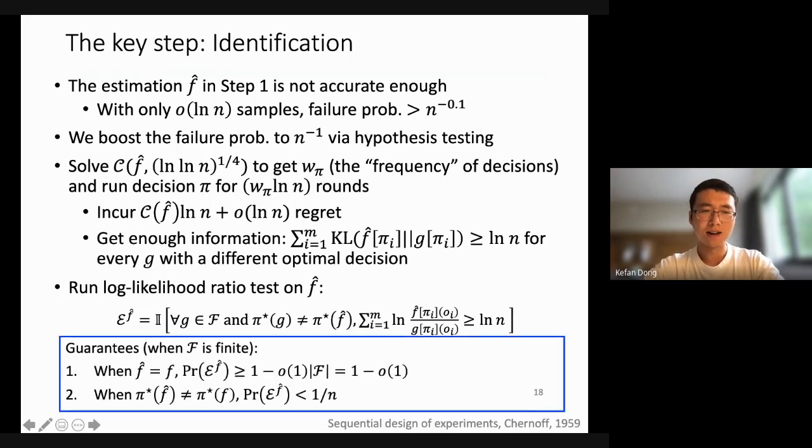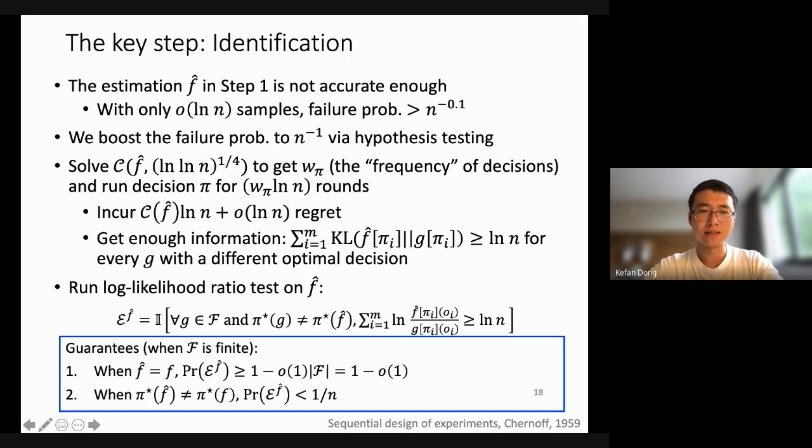And by the Chernoff-Stein lemma, we can get the following guarantees for the second step. Here, for simplicity, we just assume that our hypothesis class is finite, and we can extend to infinite hypothesis class later. So the first guarantee is that when our estimation f hat is indeed correct, then we accept f hat, our estimation, with very high probability.